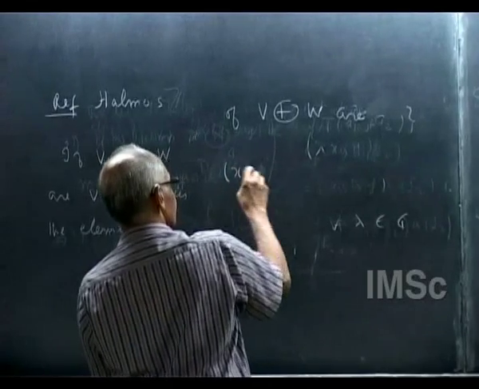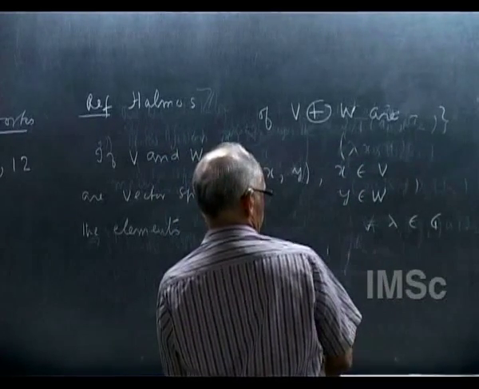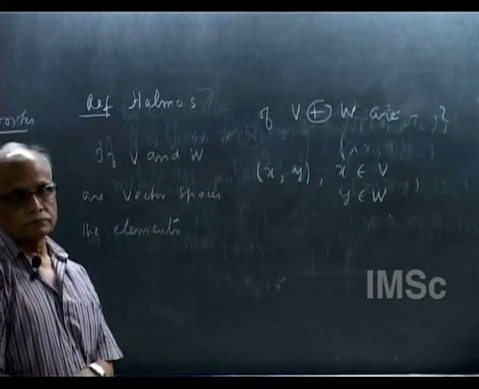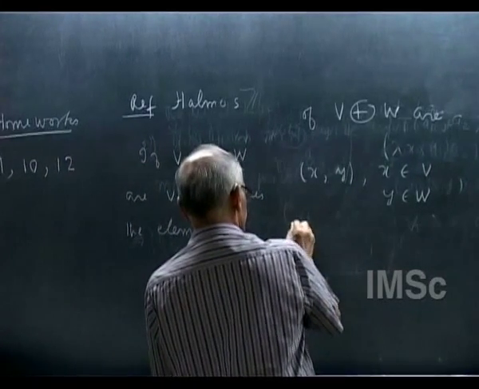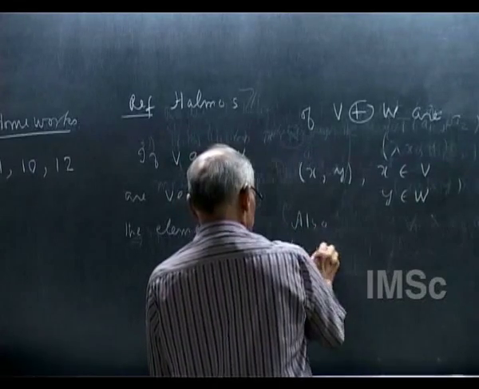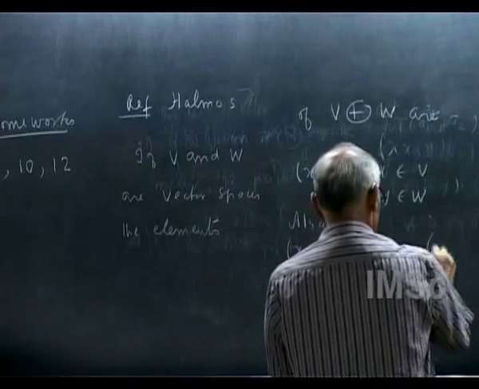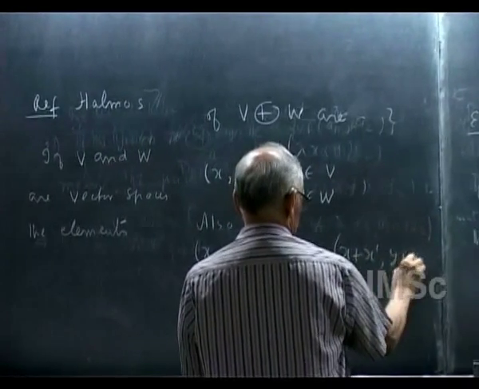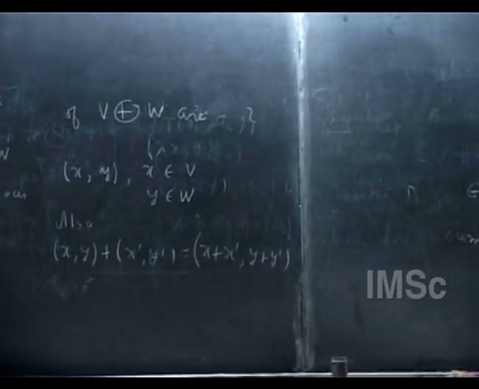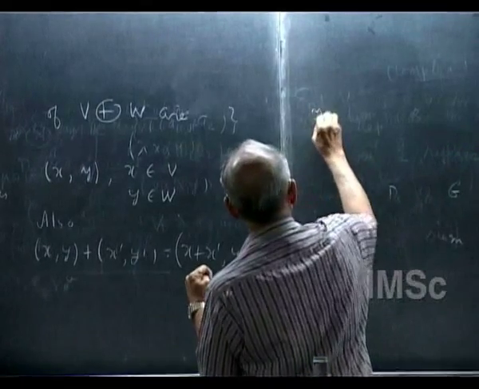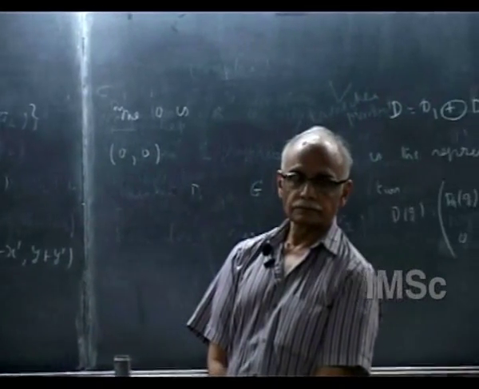So a pair (x, y), where x is in V and y is in W. We have to define the operation of summing: (x, y) plus (x', y') we add componentwise, so it is (x plus x', y plus y'). The 0 is the pair of zeros.